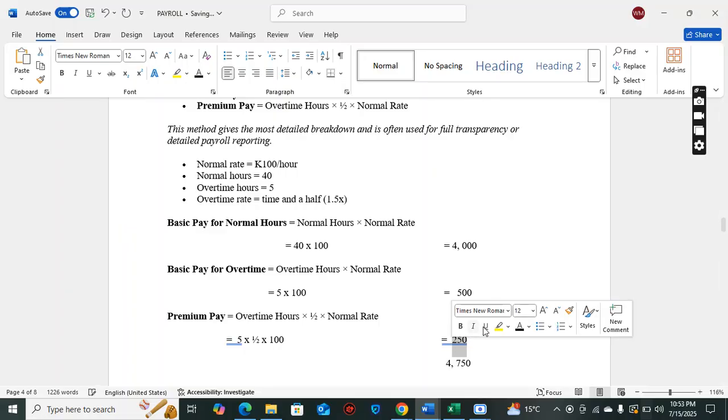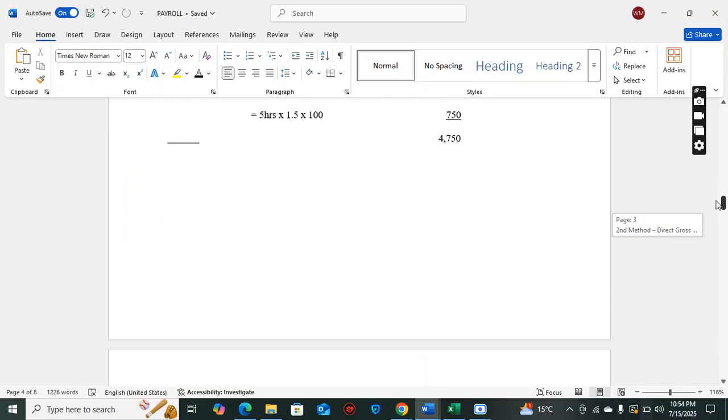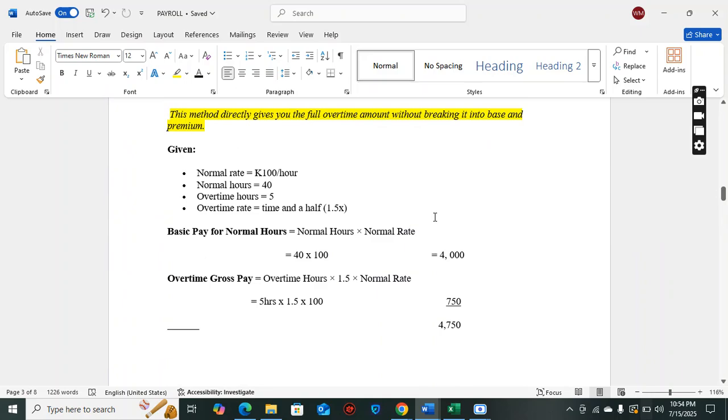So this is the third method, the more detailed method, where you first get the basic pay for the normal hours, the basic pay for overtime, then the overtime premium. Then a recap of the second method. With the second method, you're just getting the basic pay for the normal hours and the overall overtime pay, the gross overtime pay.